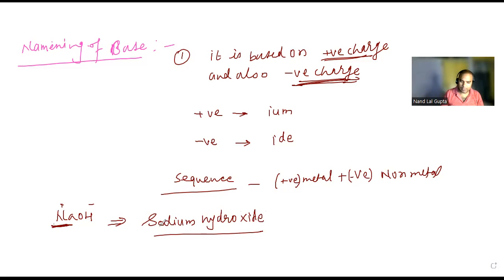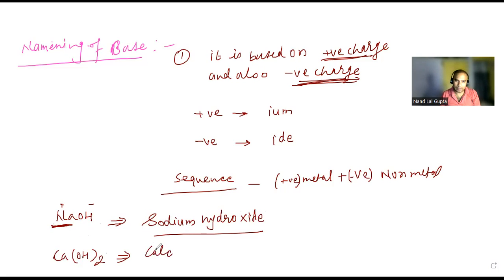Suppose I am talking about Ca(OH)2, what can be the name? Can you please tell me? Ca is calcium, right? Calcium. Yeah, correct.